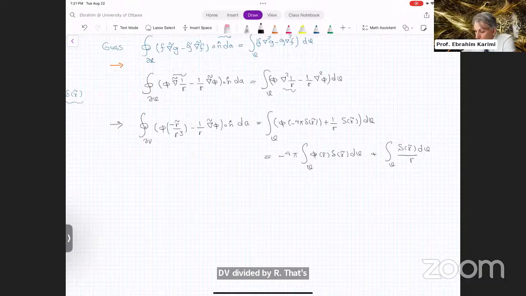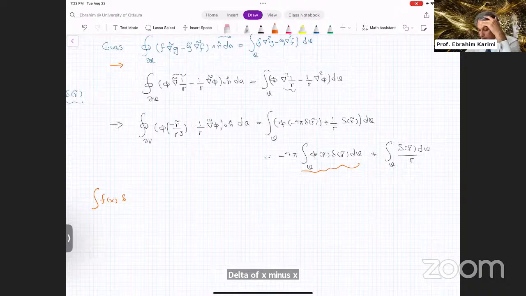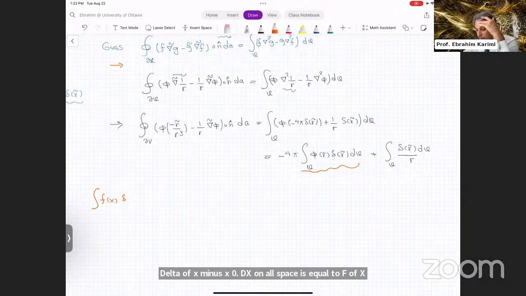What is the first integral, guys? Exactly. Integral of delta function, right? If you remember, we say integral of f of x, delta of x minus x0 dx on all space is equal to f of x0, which is exactly phi of 0.